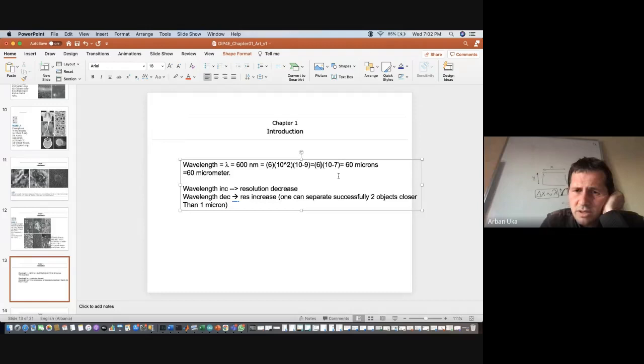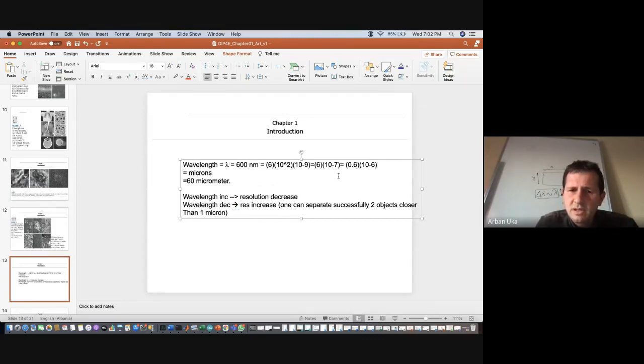And then what we can do is divide by 10 the 6, which makes 0.6, if we multiply by 10 to the power minus 6. Okay, now this is correct. So this is equal to 0.6 microns or 0.6 micrometers.